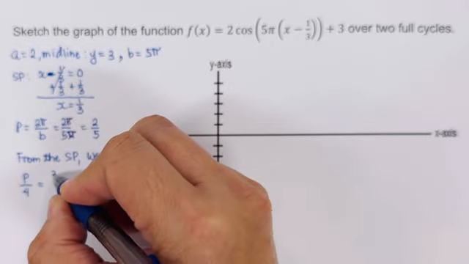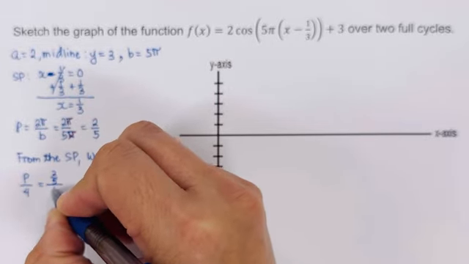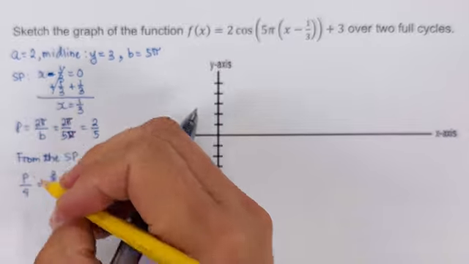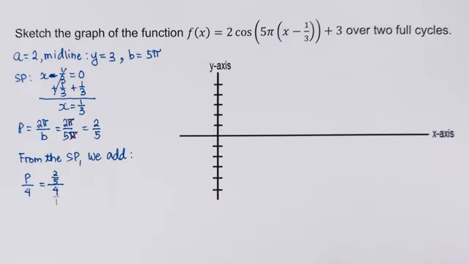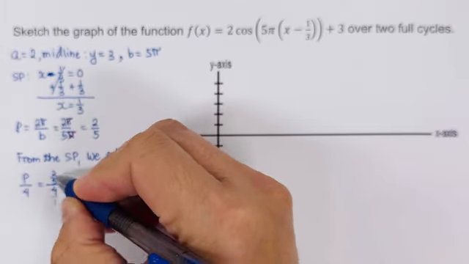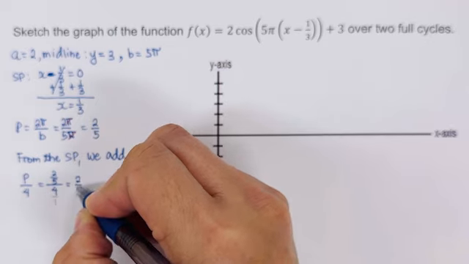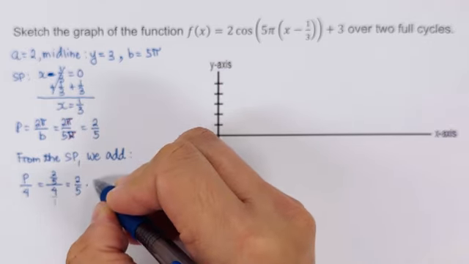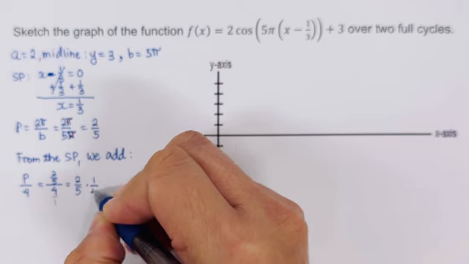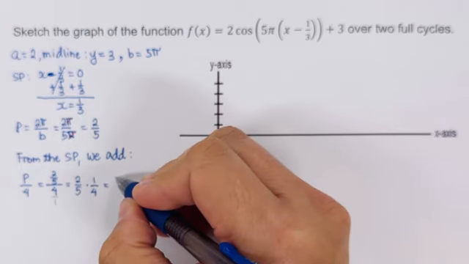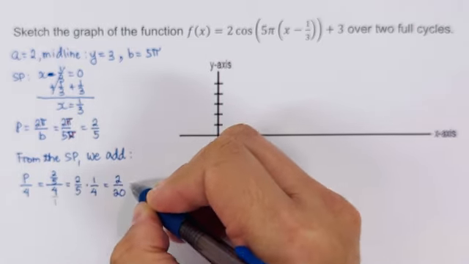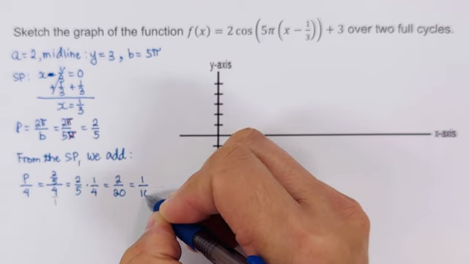So this would come out to 2/5 over 4. Now please remember that this 4 has an invisible denominator of 1, so this is a complex fraction. We write 2/5 first, and then we flip the 4 and multiply across. So this would be 1 over 4, which comes out to 2 over 20, which can be reduced to 1 over 10.